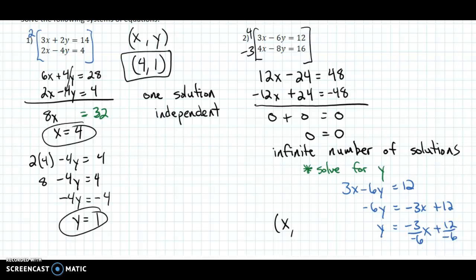And so we can reduce these to find that y is equal to, let's see, I ran out of room. Let's move it up here. So we find y is equal to 1/2 x minus 2.